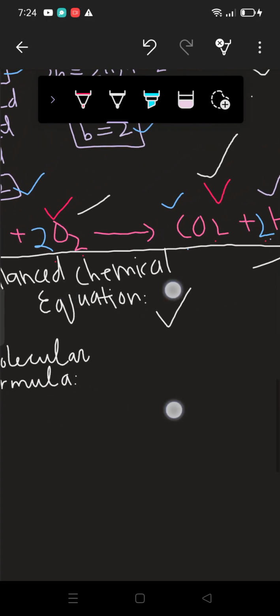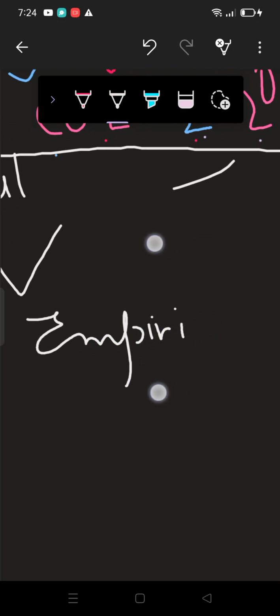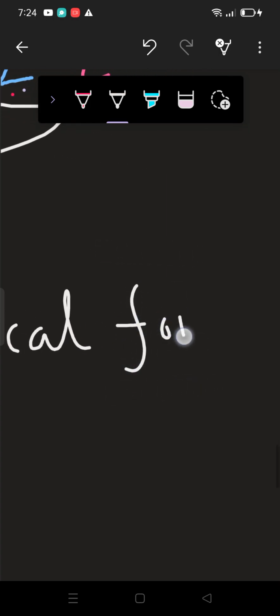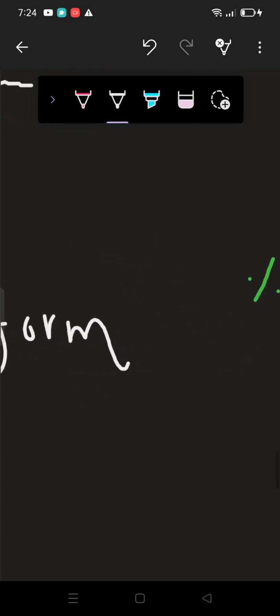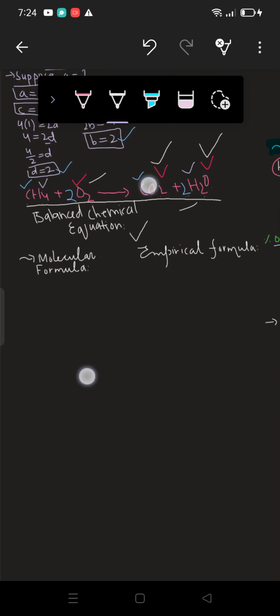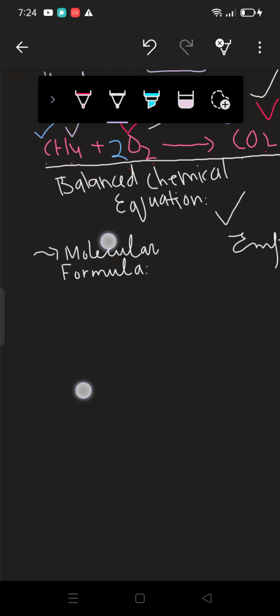So what does the molecular formula tell us, and what does the empirical formula tell us?